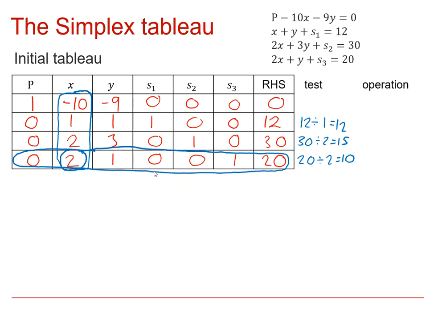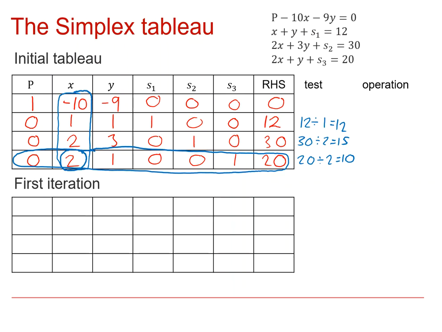At this stage, we're ready to move to the first iteration. So what we're going to do is create a new Tableau, and we're going to require that the column that corresponds to the pivot column is going to involve a number 1 in this position and zeros everywhere else.